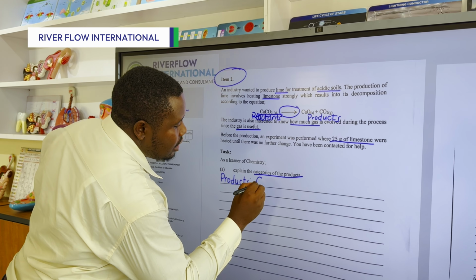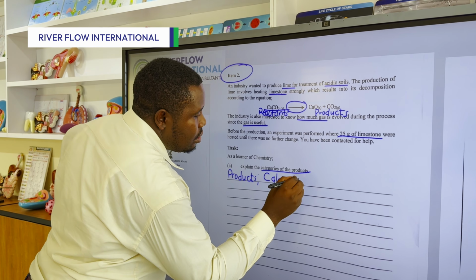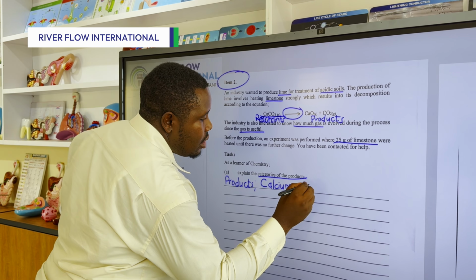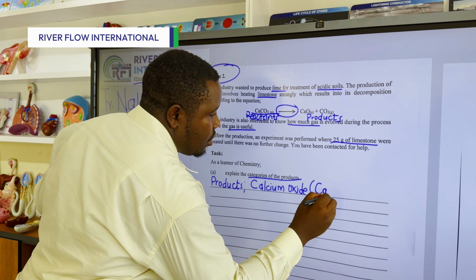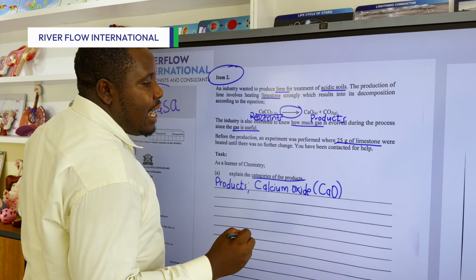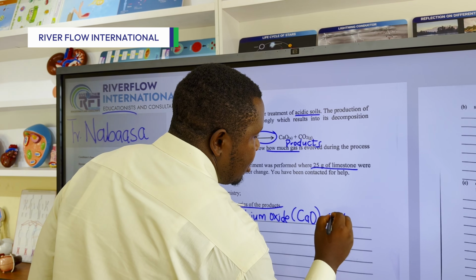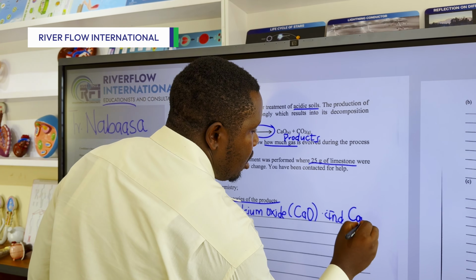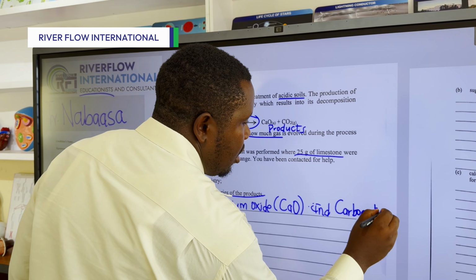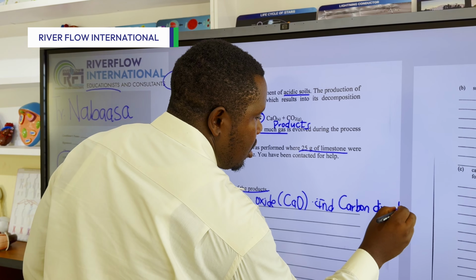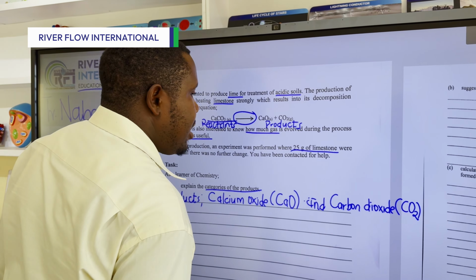The products are calcium oxide, which in the equation we write like this, and carbon dioxide, and in formula we write it as that.